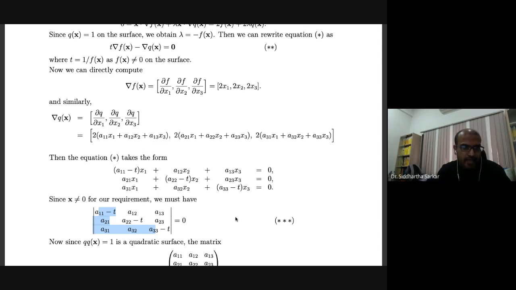First of all, one trivial solution of this entire system of equations should be the origin 0, 0, 0. If that is the only solution, then I cannot have an extrema of this particular problem. And this is not the case, because you are already given it's a quadratic surface.